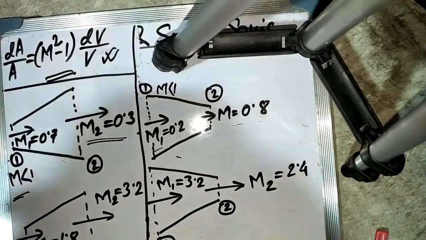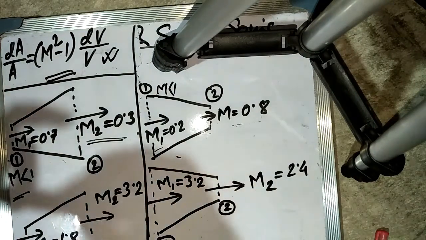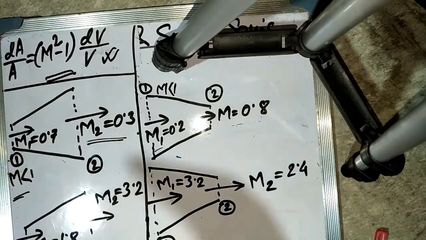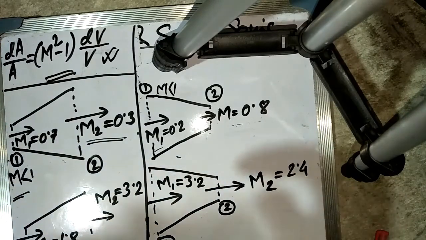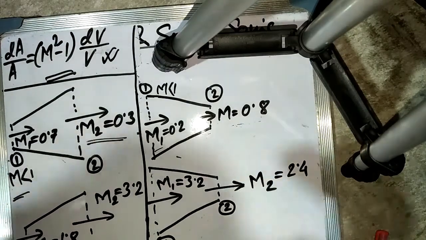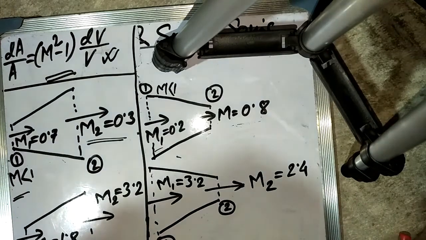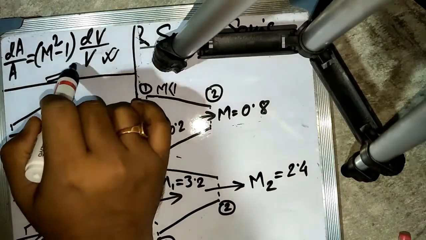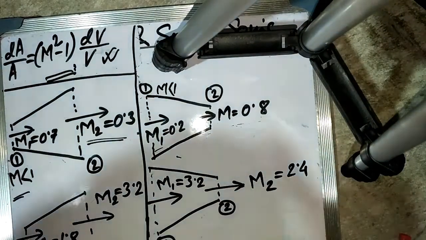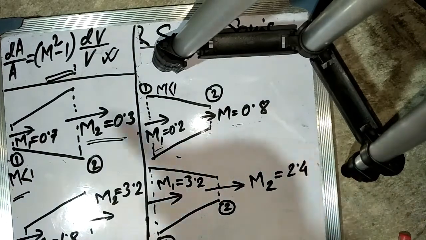So this is the relation between the area, velocity and the Mach number, and how we define the nozzle and diffuser depends on the end conditions. By using this equation we can define which kind of duct is a nozzle and which kind of duct is a diffuser. Okay, these are the conditions.